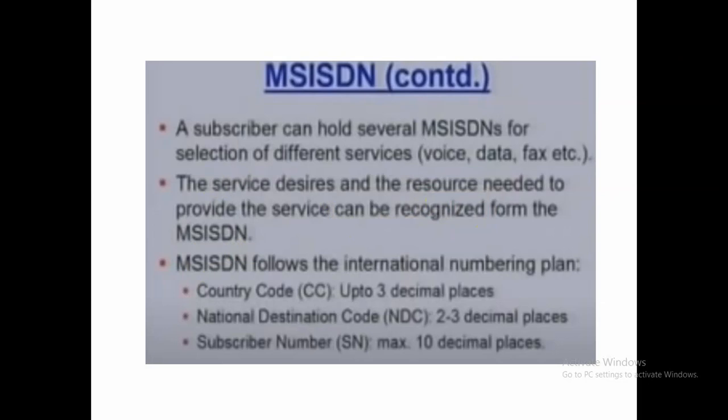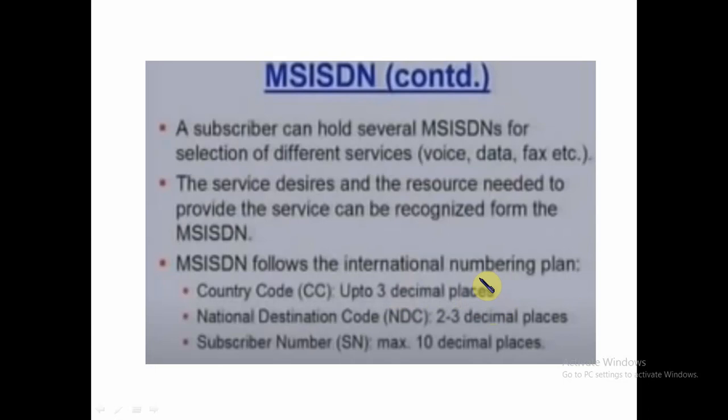So if I look at a number, I can immediately say whether it is a fax, a mobile, or data.